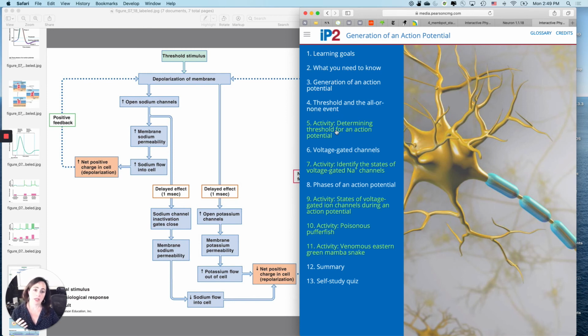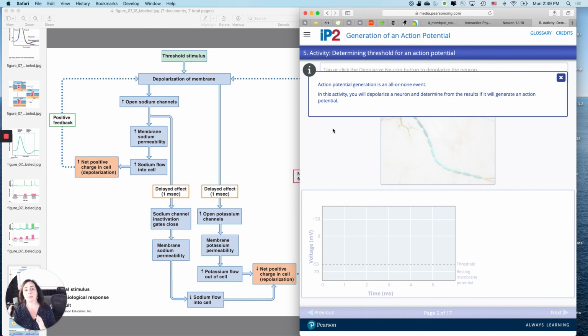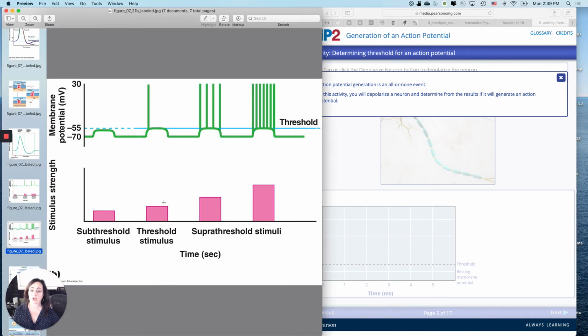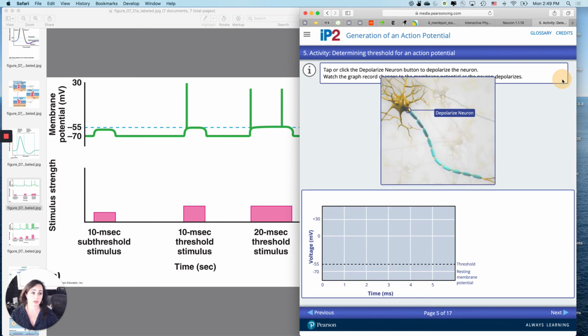But once you get down to the ones that are in green, number 5 here, for instance, it will allow you to manipulate something. And this is manipulating in a way that teaches you this same concept, action potentials are all or none. So let me just show you how this works so that you will be encouraged to use your time to do this.